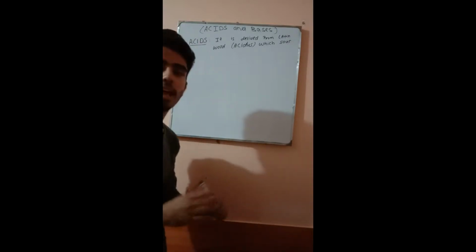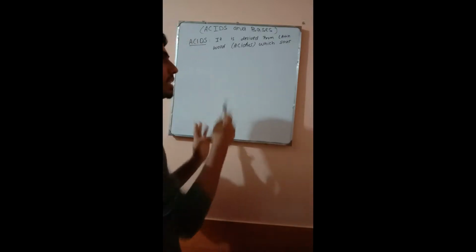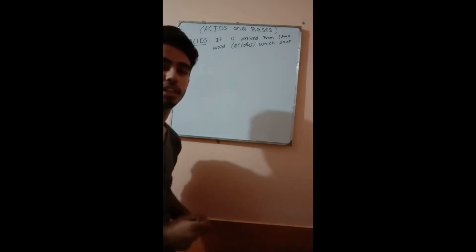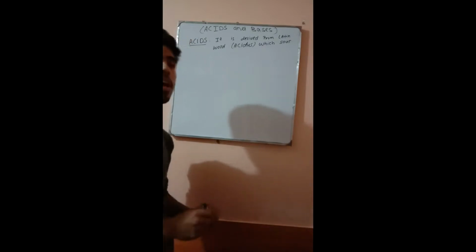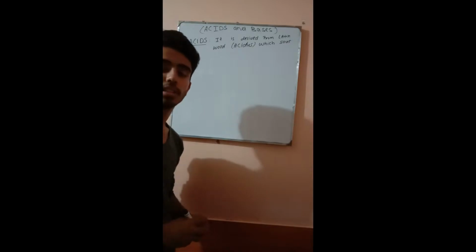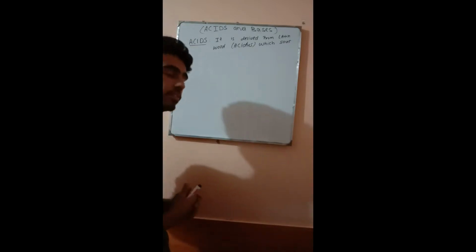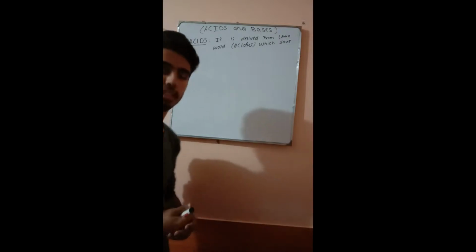Acids and bases have no exact definition. They have different definitions according to different concepts: a different definition according to the Arrhenius concept, a different definition according to the Bronsted-Lowry concept, and a different definition according to the Lewis concept.